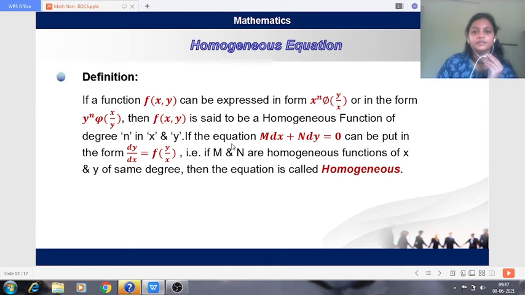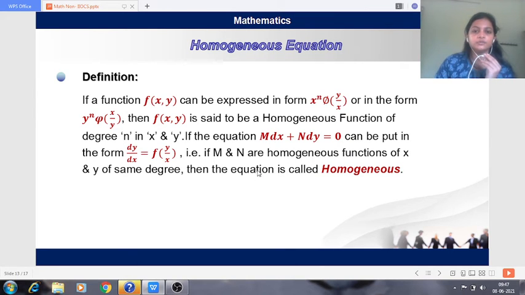Now, if the equation M dx plus N dy is equal to 0 can be put in the form dy/dx is equal to f of y by x, that is, if M and N are homogeneous functions of x and y and also of the same degree, then the equation is called a homogeneous equation.